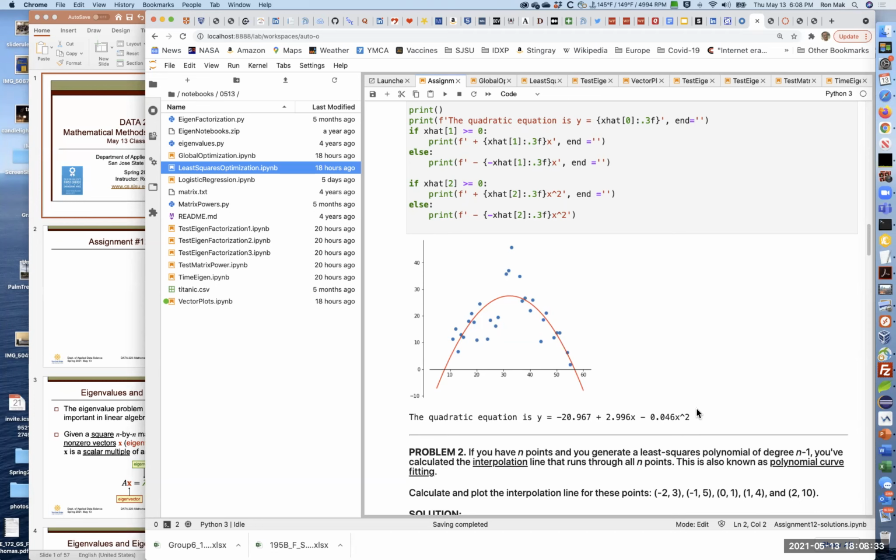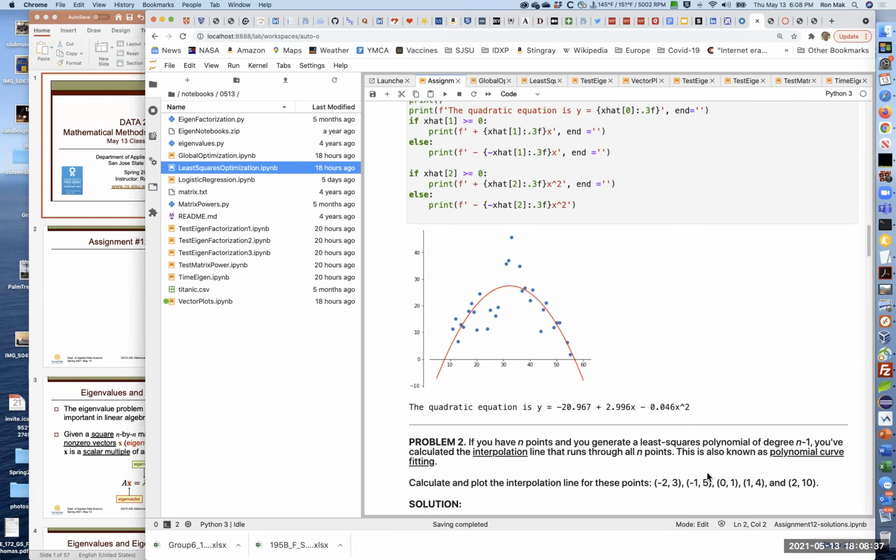Now I pointed out that if you have n points, this is problem 2, and you did a least squares polynomial of degree n minus 1, what you've actually calculated is an interpolation line.